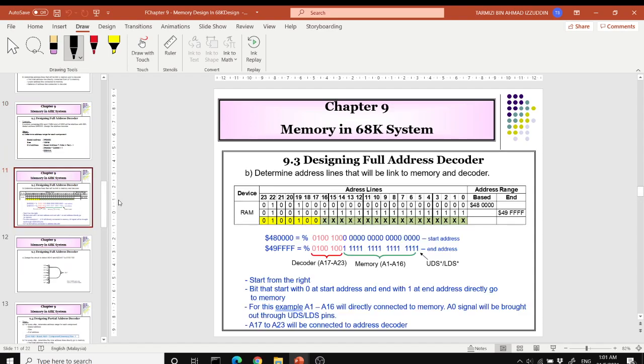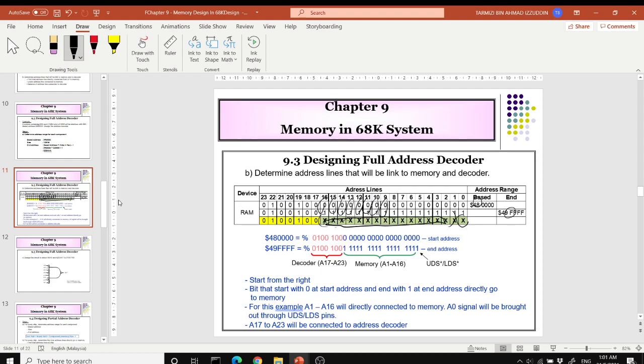So you have looked at designing a full address decoder. First, we start with the base address and you find out the end address here. Your base address, your end address, and then you look at what changes in the bit. I believe I have covered this, so if you can't remember, you just have to look at my previous recording. All of the address lines that change from 0 to 1, we denote as X. The X part here will all be connected to the address bus.